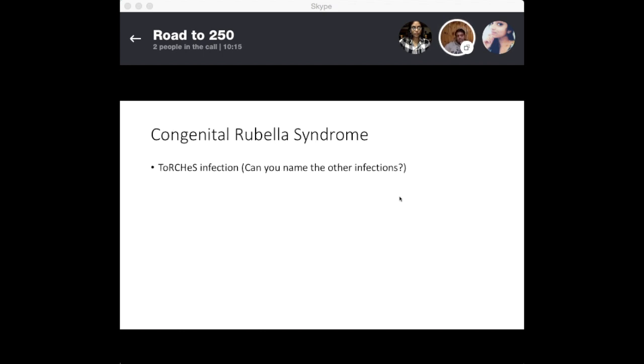You said it's a TORCH infection. Can you guys name the other TORCH infections, just as a quick review? Toxoplasma. Yes. CMV. HSV, which one? Type 2.